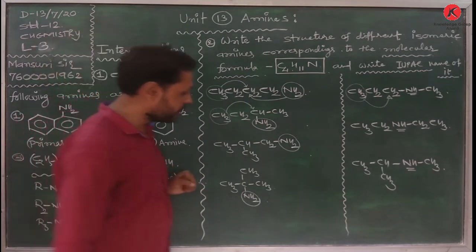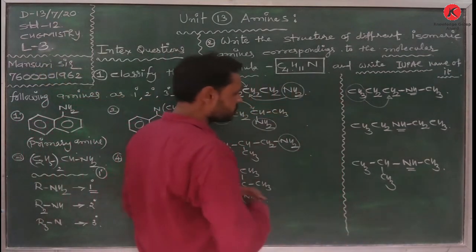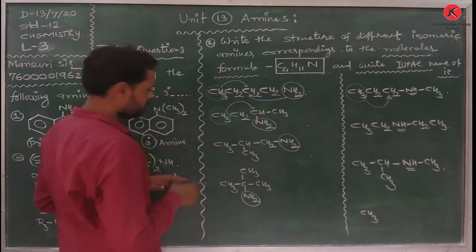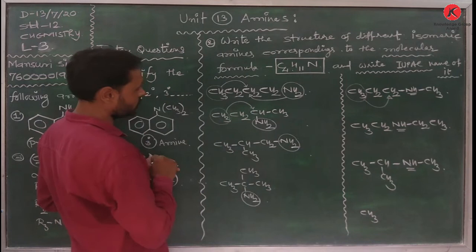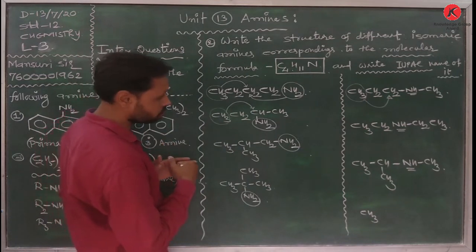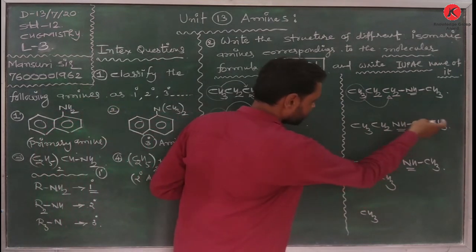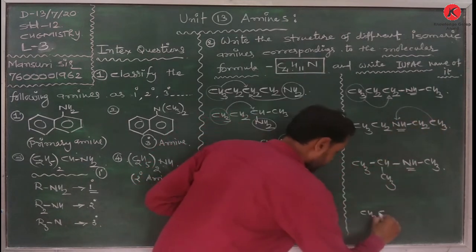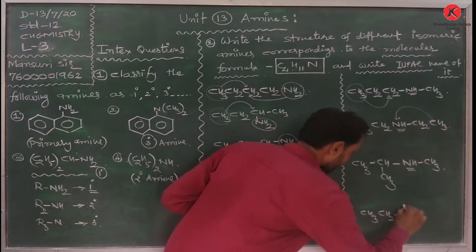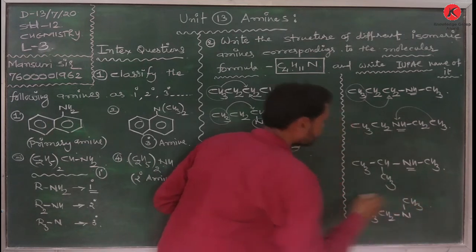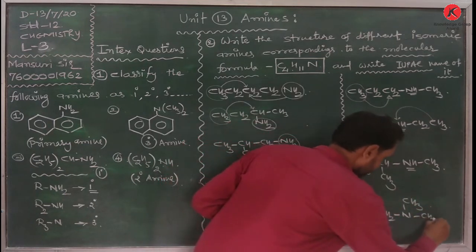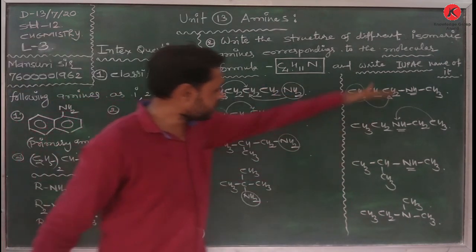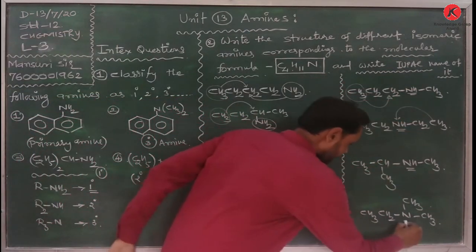Now the tertiary amine will be made like this: you can use this methyl and put it over here. So CH3CH2N(CH3)CH3. So this is my primary amine, secondary amine, and this is my tertiary amine.